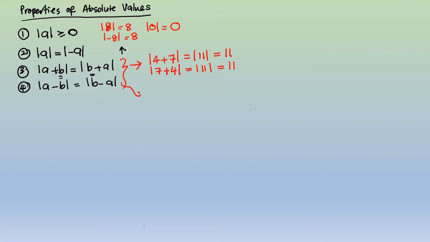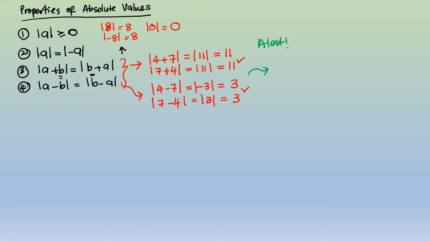How about this one? Modulus 4 minus 7 is equal to modulus negative 3, we get 3 at the end. Modulus 7 minus 4 is equal to modulus 3. So at the end, we still get 3. So it has the same value. When we are talking about this one, I want you to stay alert.